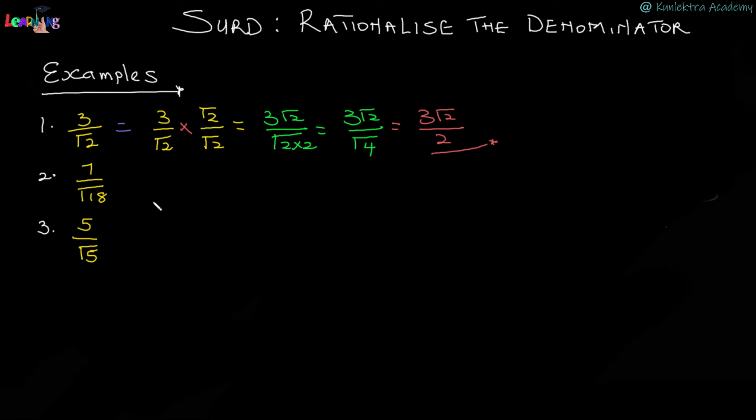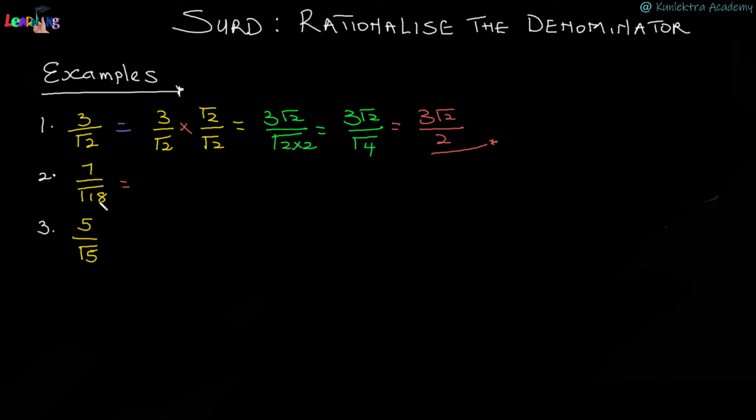Now, let's go to the second question, something similar. You have 7 over root 18. You will see that this is a larger surd, where the radicand is very large. If you have seen my video on simplification, what will you do first?